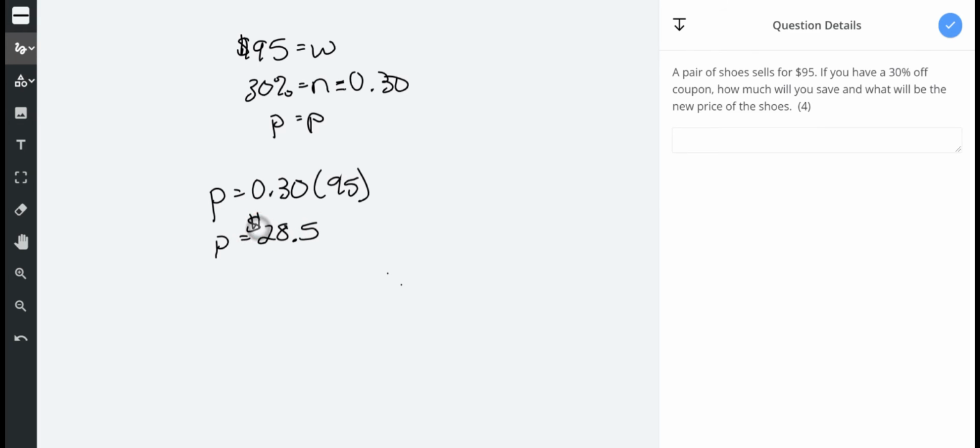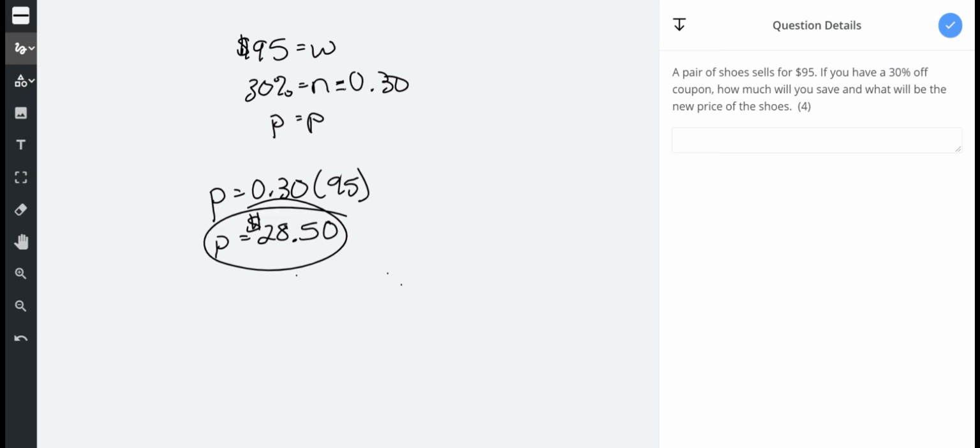So since we're dealing with money, we want to add in a zero to make it into a penny. So $28.50. So how much will you save? You're going to save $28.50.